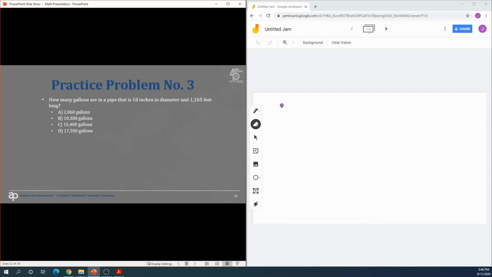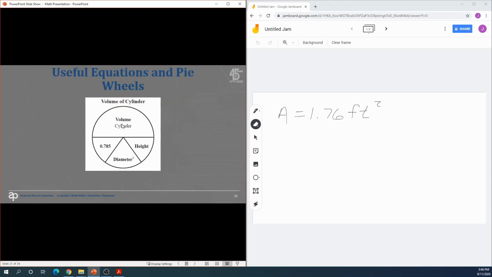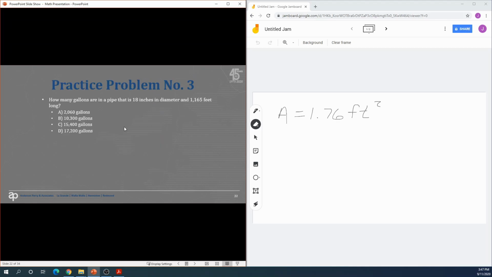So again, our area is equal to 1.76 feet squared. Going back to our pi wheel, we have the volume of a cylinder is 0.785 diameter squared times height. But we just did the 0.785 times our diameter squared. So we need to multiply it by our height in order to get our volume.